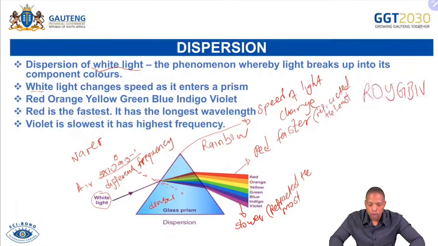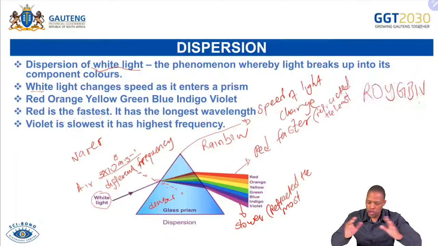Always when you talk of dispersion of white light, just say Roy G. Beef. Okay? Roy G. Beef is one way you can always remember all 7 colors and remember them easy. Okay? Roy G. Beef, I think it should be obvious now. R stands for red, O stands for orange, Y stands for yellow, G green, B blue, I indigo, and V violet. Roy G. Beef. Okay?